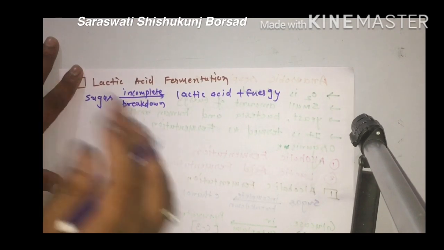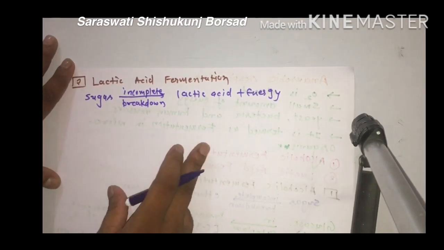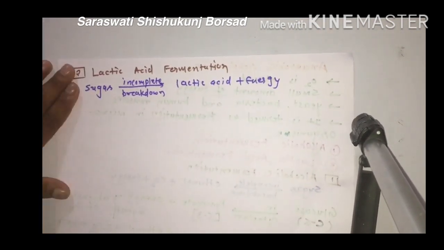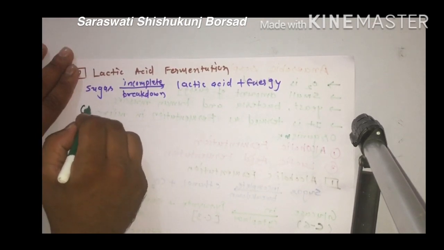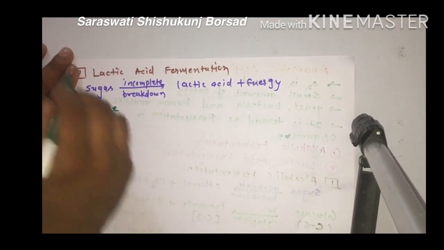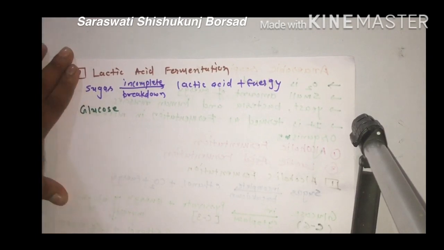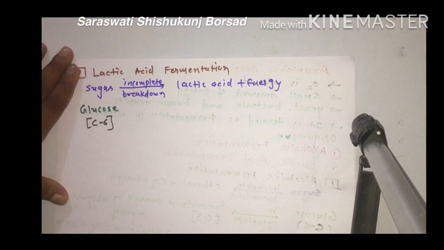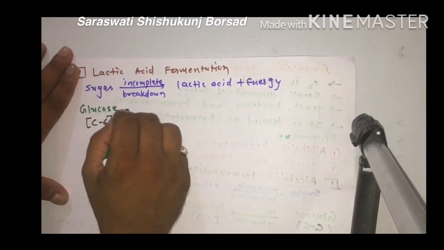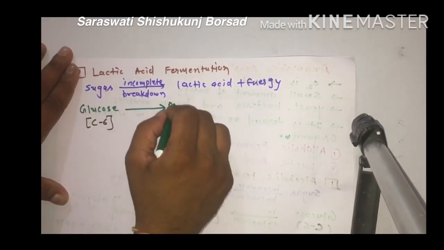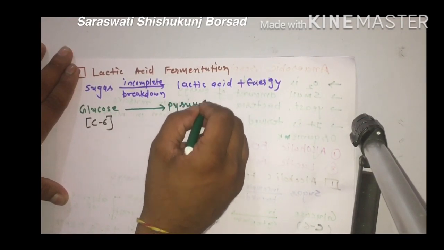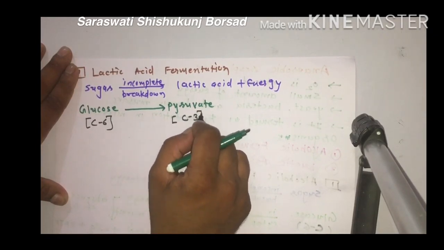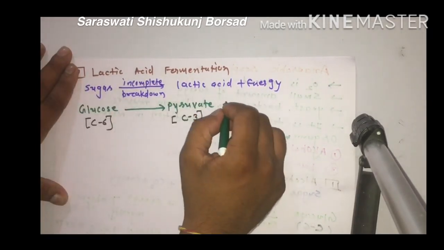Now let's try to understand it by an equation. First we have glucose, which is C6, a 6 carbon containing molecule. This glucose gets converted into pyruvate, a 3 carbon containing molecule, plus energy.